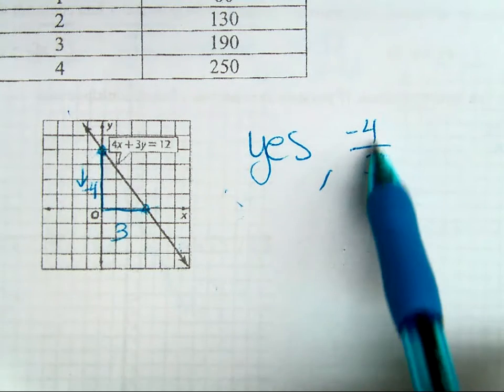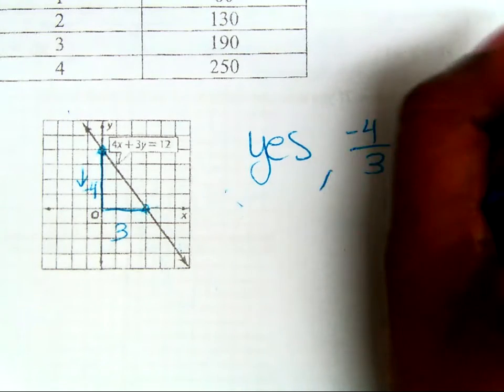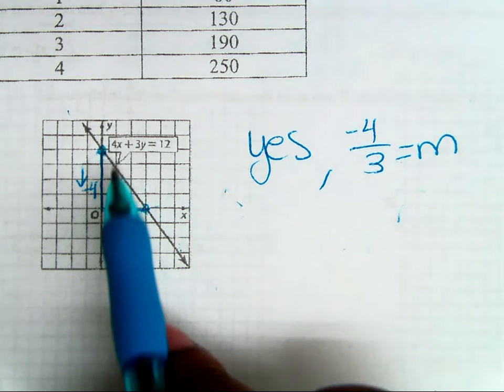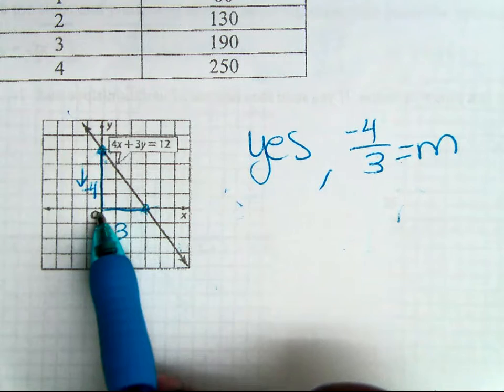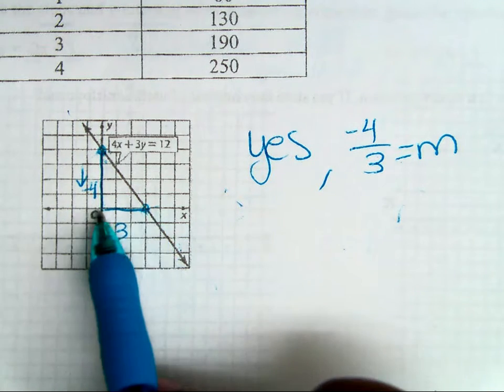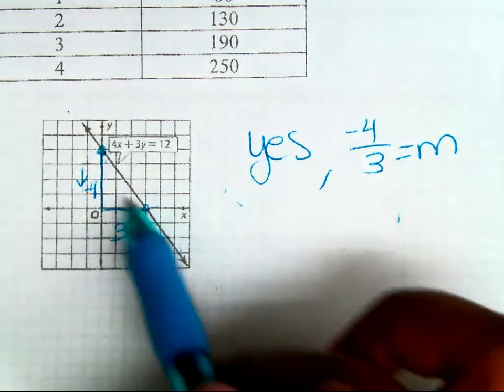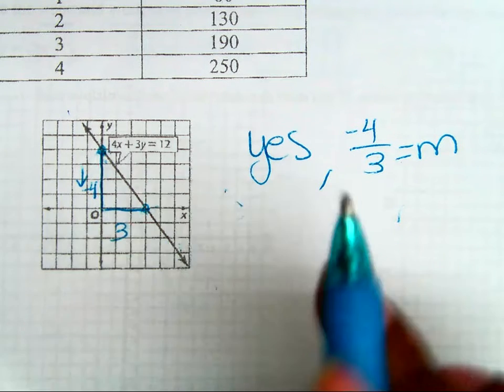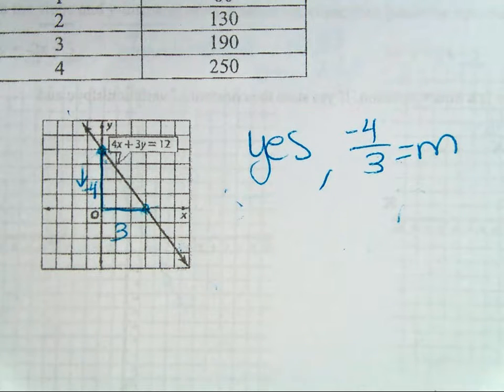So negative 4 over 3 is my m. If you can count the lines, don't rush. Count the lines down and over. It's not always going to go to the origin. You just bring it down till you get to where that point lines up and then go over.